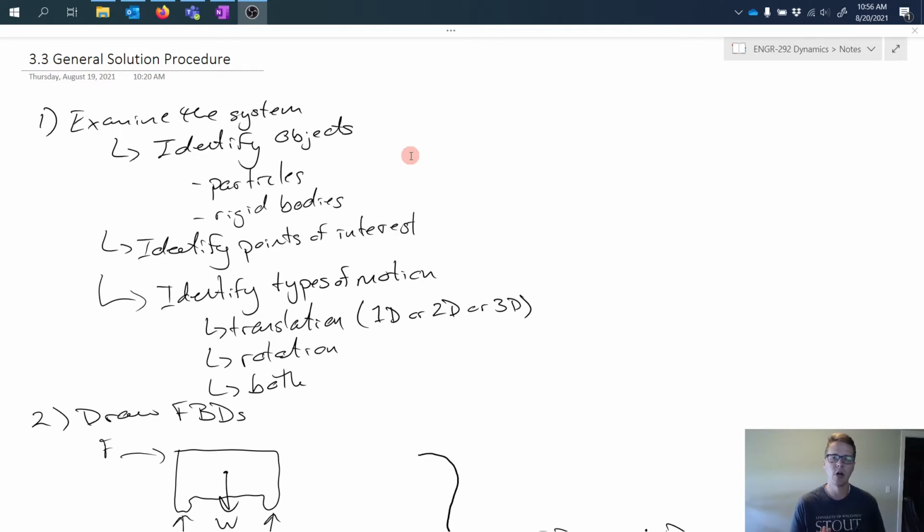Maybe we're talking about the scoop on an end loader and we want to know how fast that's moving, and therefore we want to identify specifically that we care about that location. I've already alluded to this, but we need to understand the types of motion involved, whether we're talking about translation, rotation, both at the same time, and whether we're talking about motion in 1 dimension, 2 dimensions, or 3 dimensions, and how many factors that brings in to our analysis.